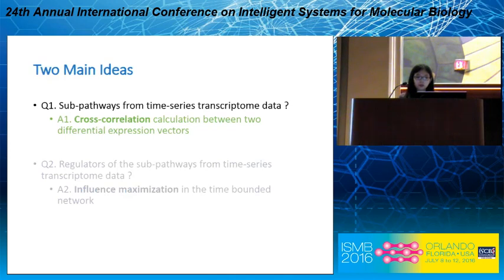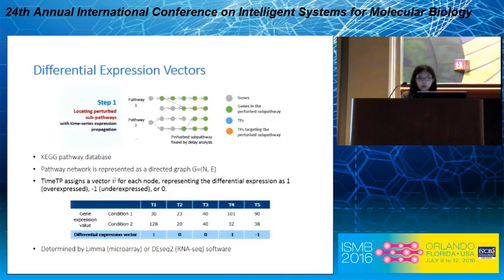And the first objective is to find subpathways from time series transcriptome data. Before that, we assume that we have a pathway network represented as a directed graph with nodes and edges from the KEGG pathway database, and we assign a vector to each node that represents the differential expression as 1, -1, or 0.